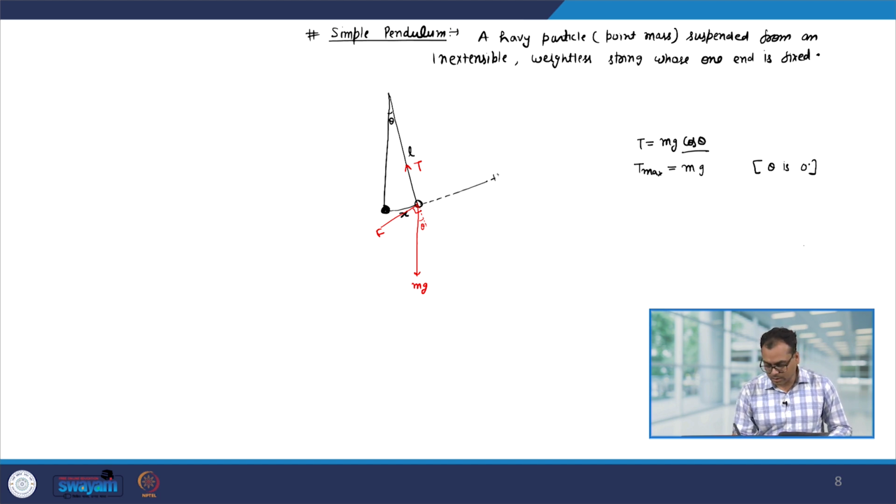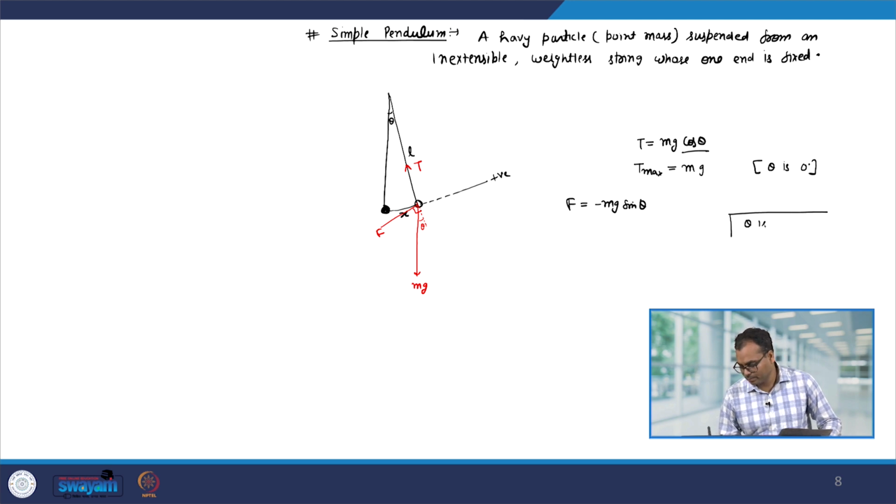Now, let us say this is the positive x direction. Now, the force F will be minus mg sin theta, and since theta is small, therefore, sin theta is theta, and you can see from the geometry that sin theta is x over L, therefore, theta is x over L. Okay.